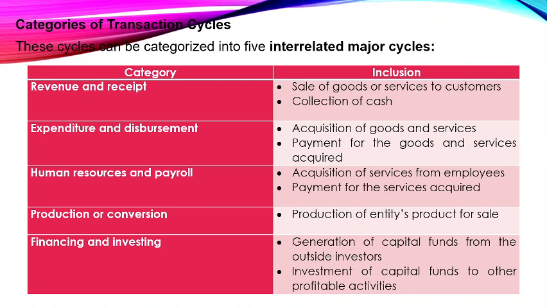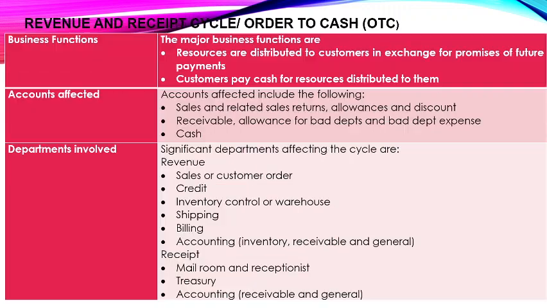We have human resource and payroll: acquisition of services from employees and payment for the services acquired. The production or conversion: production of the entity's product for sale. And financing and investing: generation of capital funds from outside vendors, and investment of capital funds in other profitable activities. These are the interrelated major cycles.